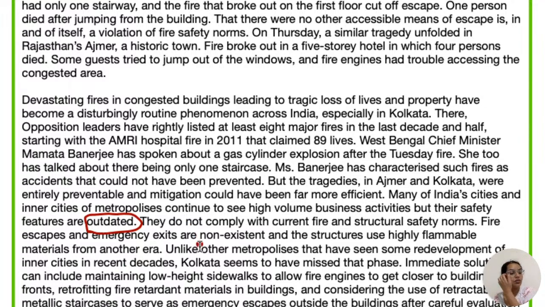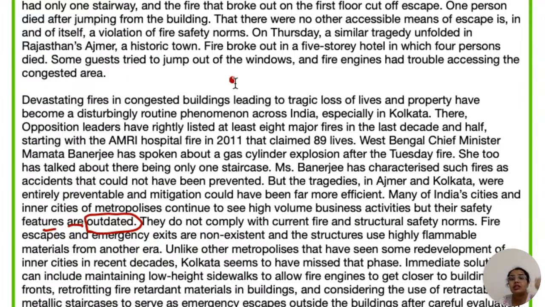Part of speech of this word as used in this sentence. So what we get to see is, but the safety features are.